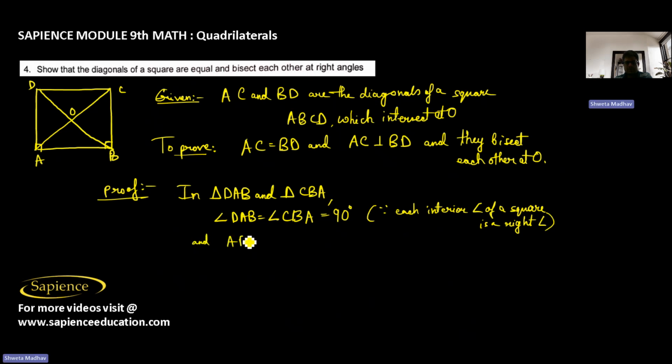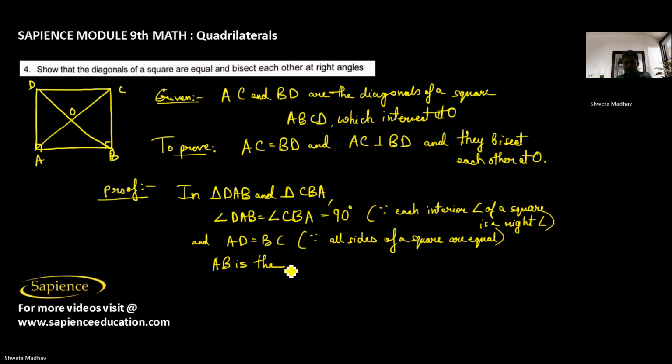And AD equals BC, since all sides of a square are equal, and AB is the common side. So therefore I can say that triangle DAB is congruent to triangle CBA by SAS rule of congruency.